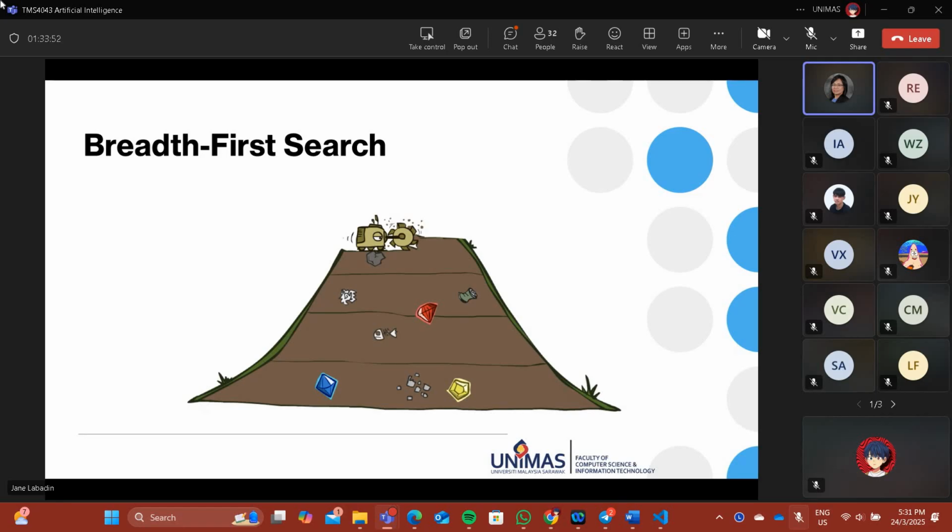So breadth first search, I think based on the name, you would know what it entails because you already understand depth first search. Depth first search goes deep down first. So obviously for breadth first search, once it fringes out, it expands breadthwise, not depthwise.